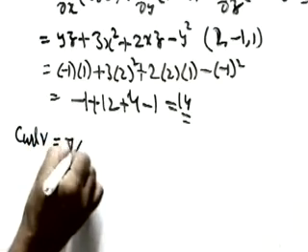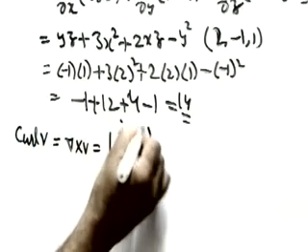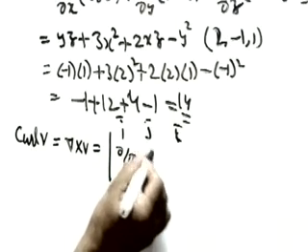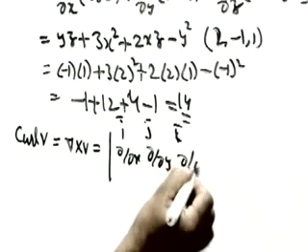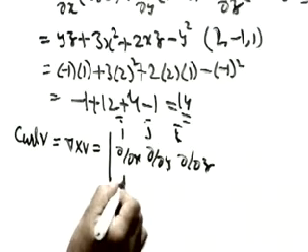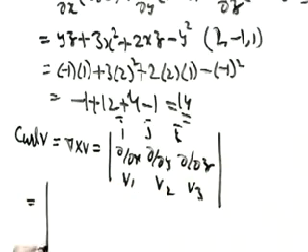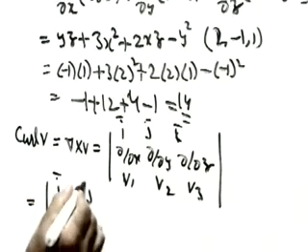Now let me find curl v. Curl means del cross v. So its formula is i, j, k, then ∂/∂x, ∂/∂y, ∂/∂z, then here v1, v2, v3. Now let me solve this one.